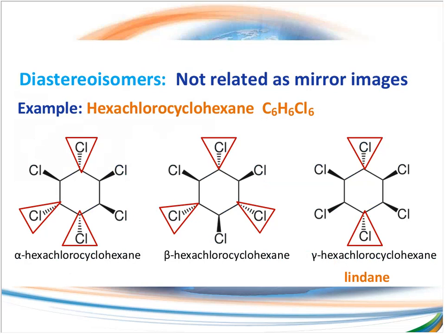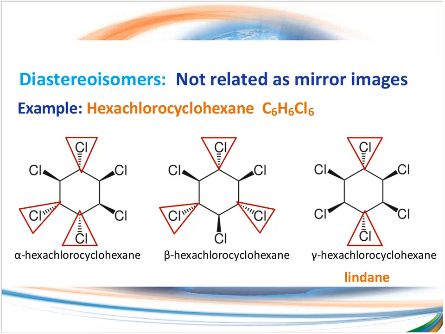As you can see, for all there is the ring, the cyclohexane ring, which is this ring in the middle, and then for each molecule there are 6 chlorine atoms attached to that. But the chlorine atoms are sometimes shown towards us, which is the dark arm that connects the chlorine with the ring, or if it's dotted, then it shows sort of away from us.